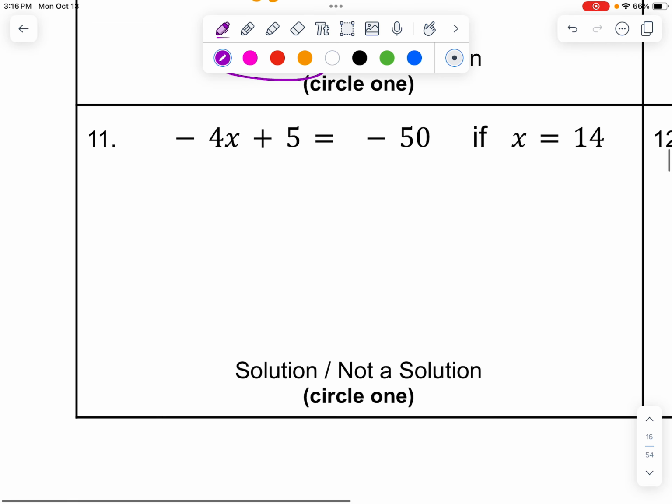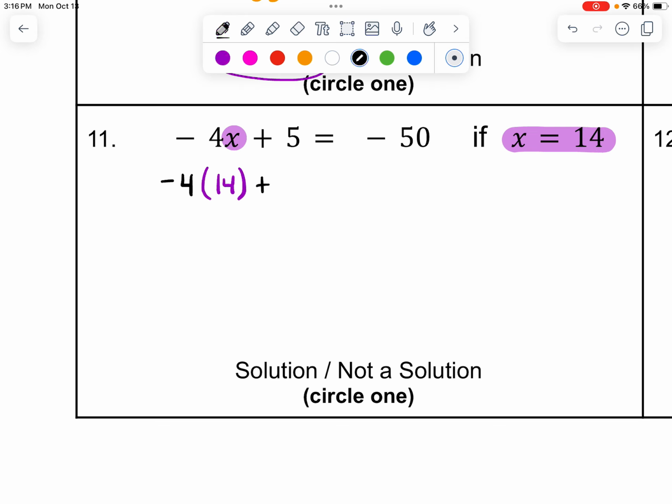Number 11. Here is my variable, here is my value. -4 parentheses 14 plus 5 equals -50. I will type in the left side.